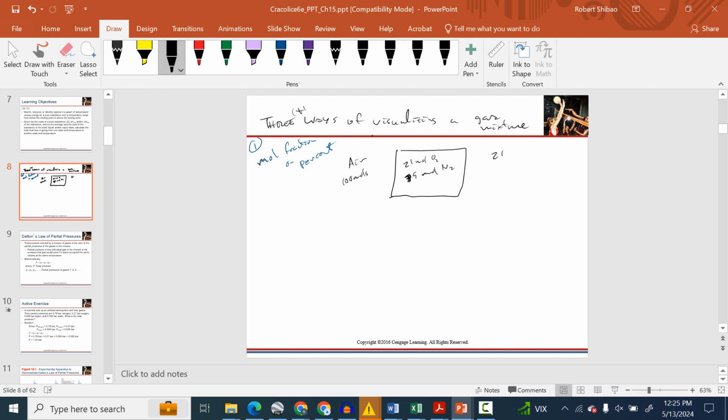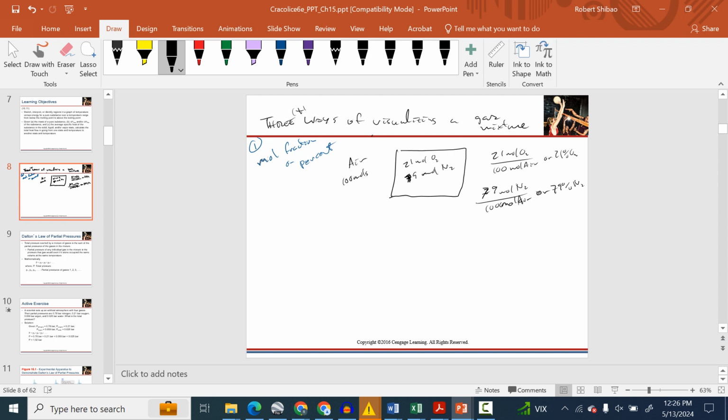So the mole fraction is 21 moles of O2 per 100 moles of air, or 21% O2. And the mole fraction of nitrogen is 79 moles of nitrogen per 100 moles of air, or 79% nitrogen.